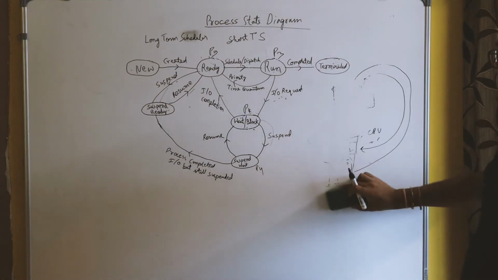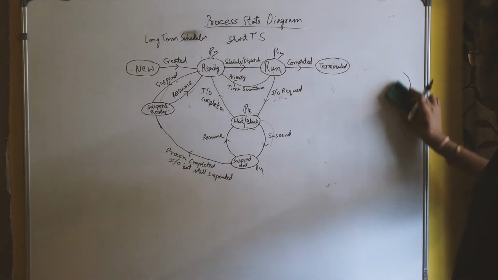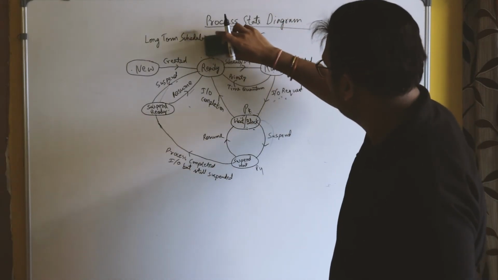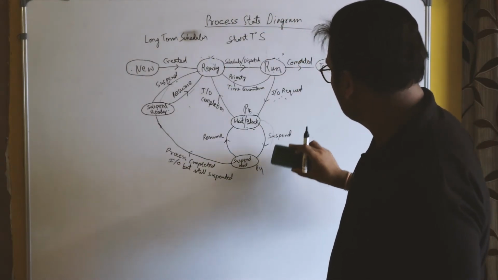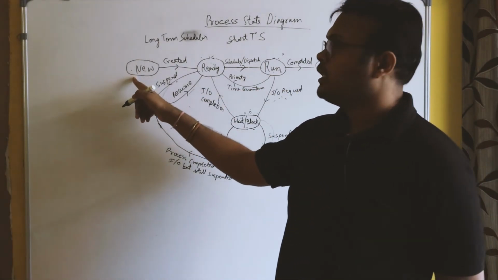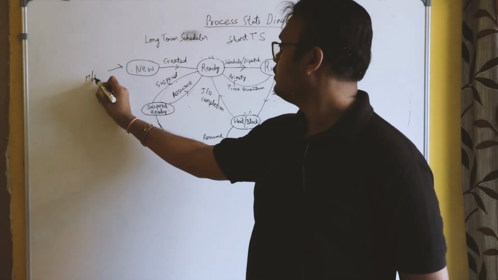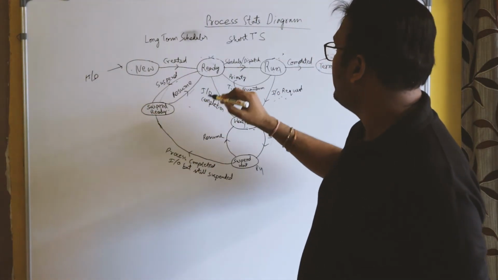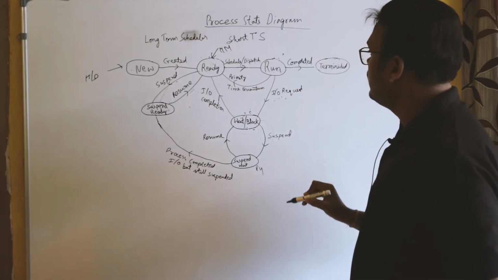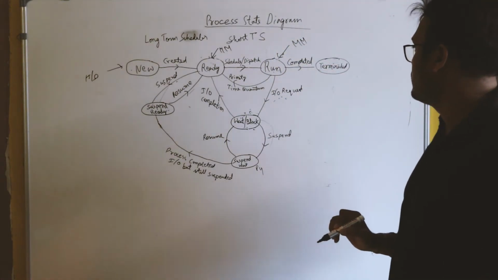Here some points are to be noted. New state is related to hard disk. Ready state is related to main memory or RAM. Run state is related to main memory; here the CPU is assigned to the process.